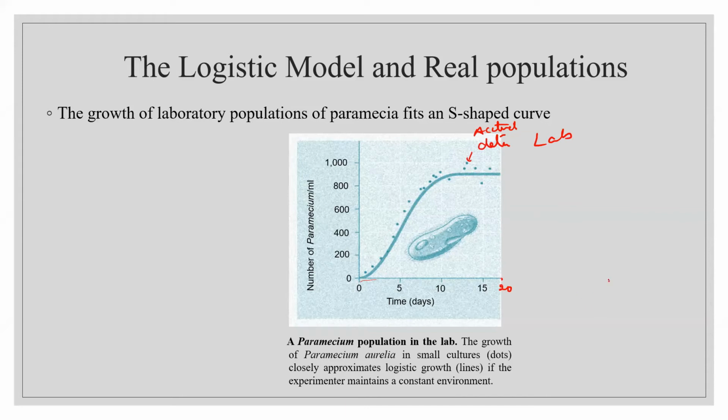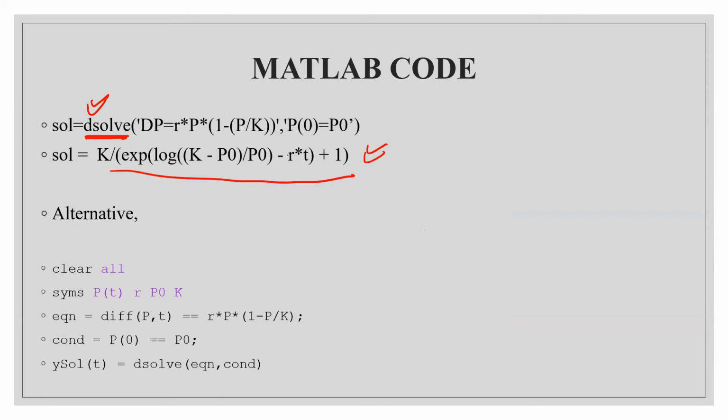Then what can I do? I can get the value of my paramecium population on day 100 also. I do not have to wait that many days, sitting and watching the paramecium grow. Beforehand only, using my logistic model, if I put in whatever rate is fitting my data and whatever carrying capacity it is getting, and put T as 100 over here, I can get the solution.